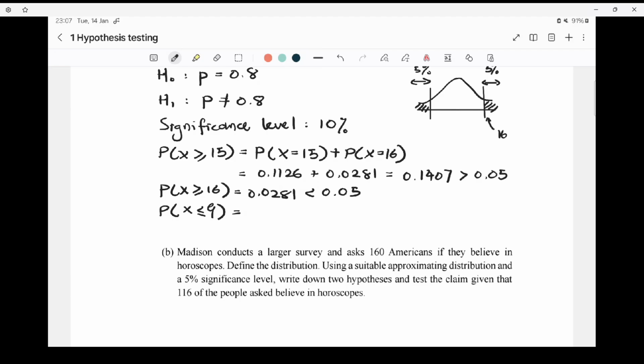Okay. So what I can do is to calculate everything out.